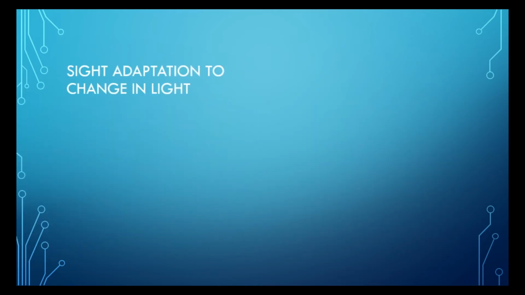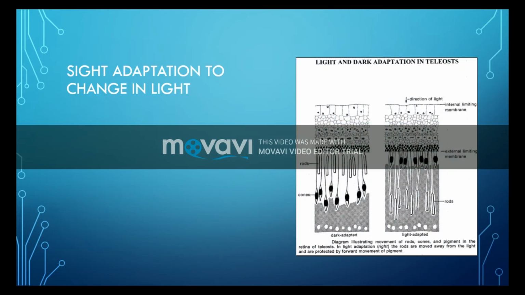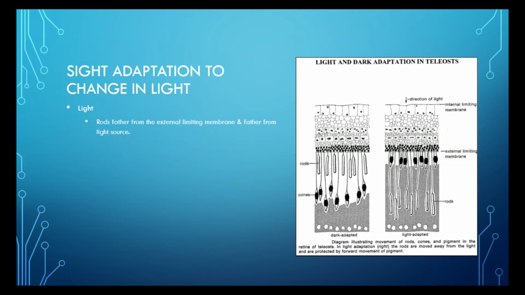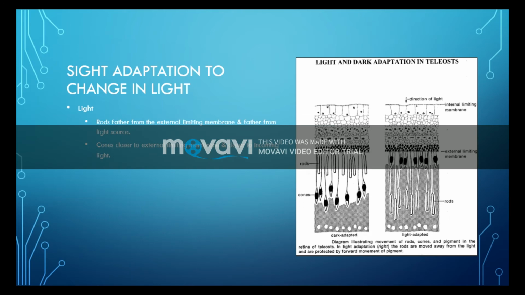Sight adaptation to change in light. The figure to the right depicts the adaptations in teleosts towards light and dark. When light is present, the rods are farther from the external limiting membrane and farther from the light source, and the cones are closer to the external limiting membrane and closer to the incoming light, as there is plenty of available incoming light.